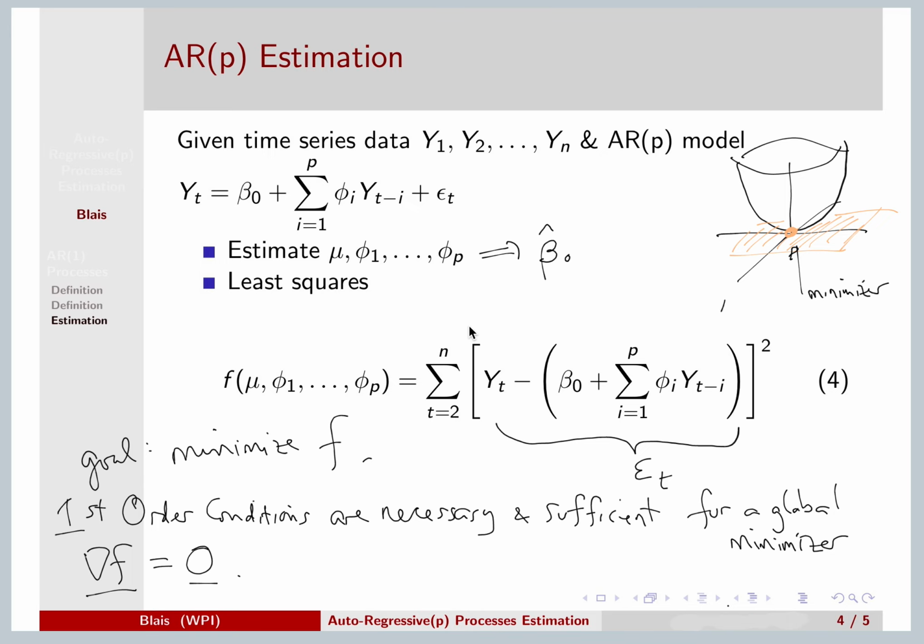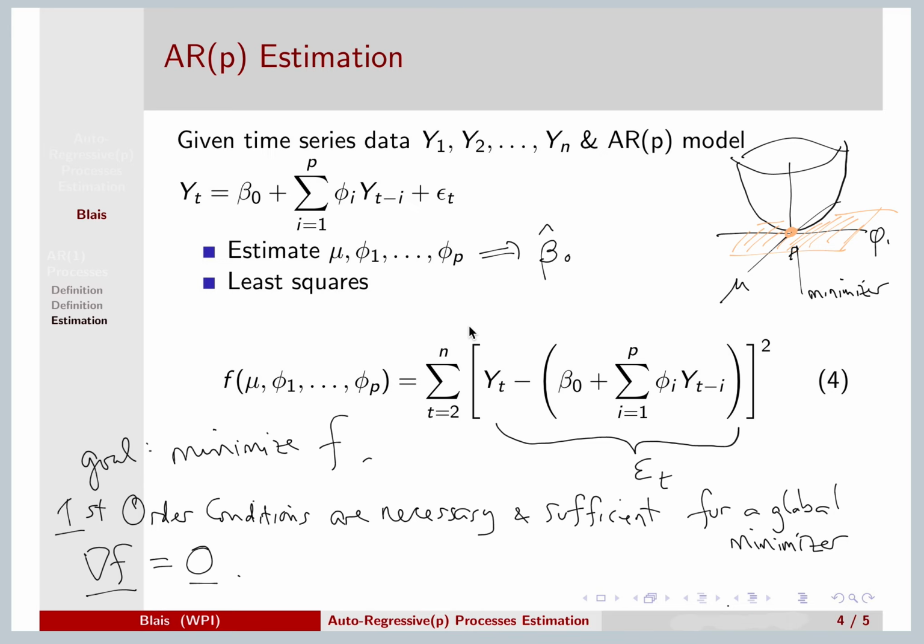So for instance, if we were doing an AR1, this could be the mu axis, and this could be the phi 1 axis. And again, it's the same principle, just in higher dimensions. We can't picture it nicely like this.